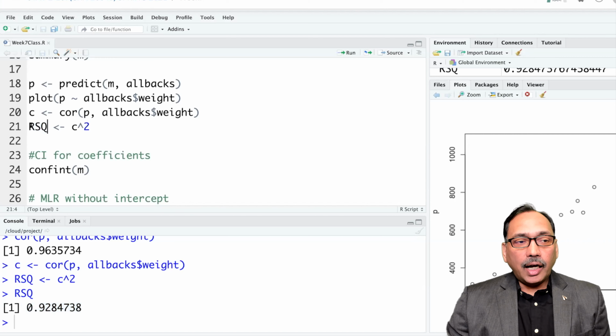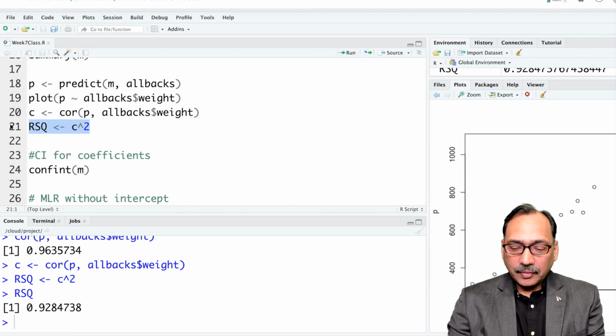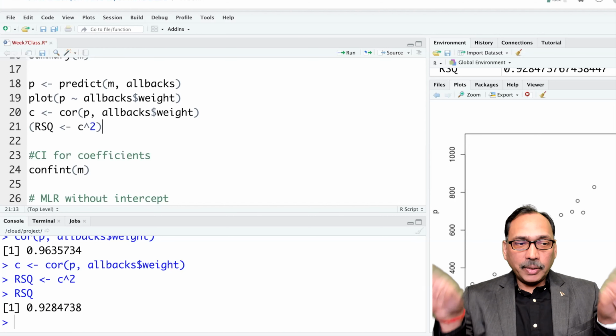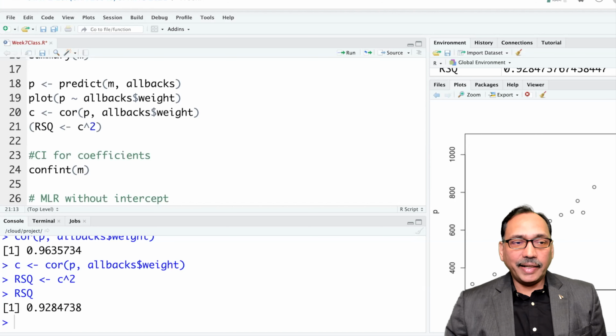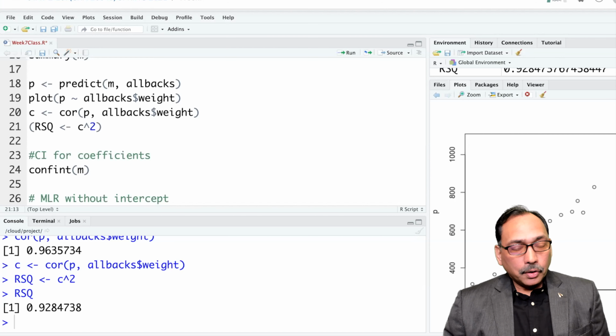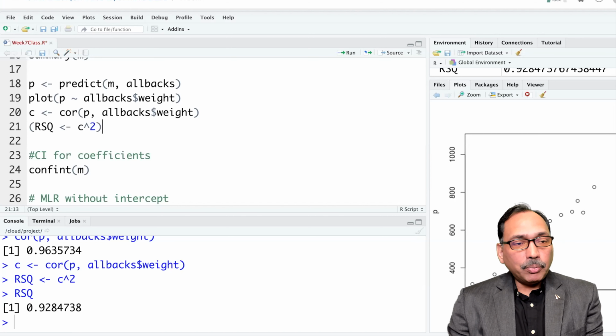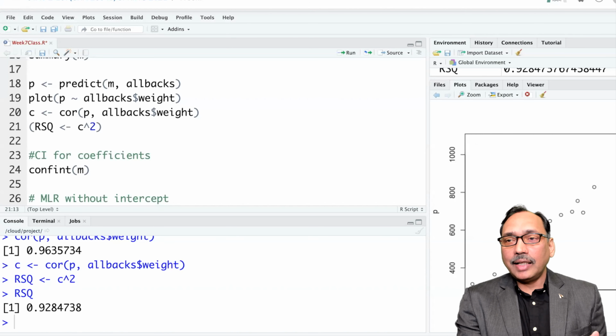But in R, if you want to run a line and also look at the output, what you could do is select the entire line and put a parenthesis. Automatically, it will put parentheses at the beginning and also at the end. When you run this type of line, it will not only calculate the square of c and store that in R square, but also print it.